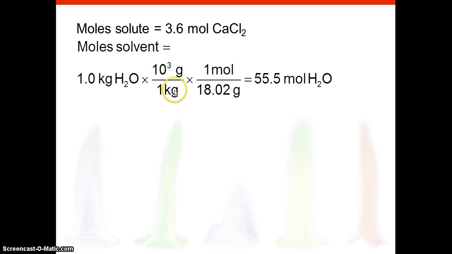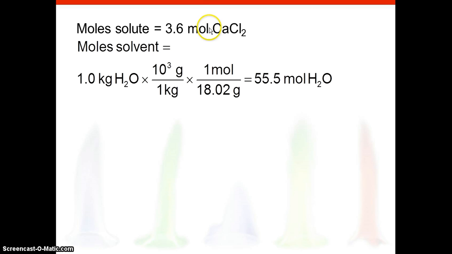So we convert 1 kilogram of water to grams first. Kilograms cancel. Using this conversion factor, we have 1000 grams of water, and we divide these 1000 grams of water by the formula weight of water, which is 18.02 grams. So we convert these grams to moles, which is 55.5 moles of H2O.